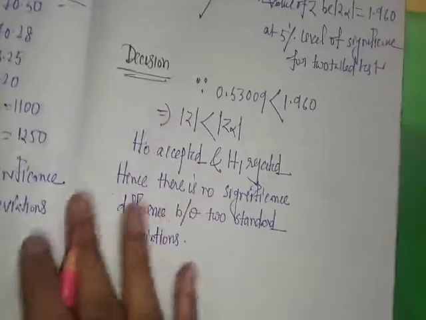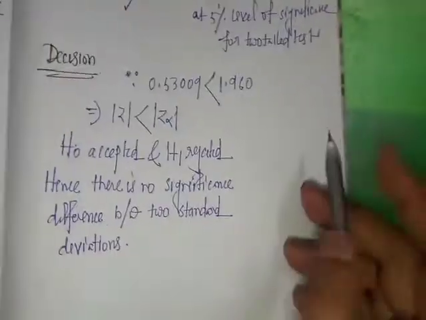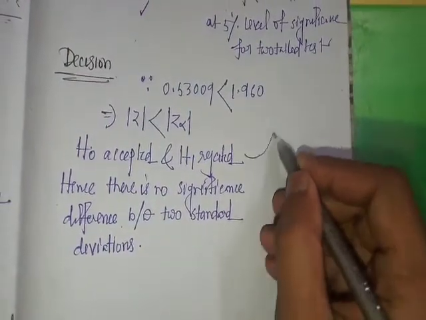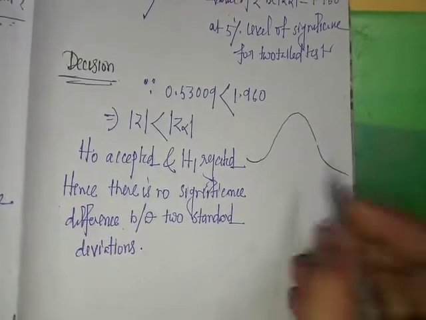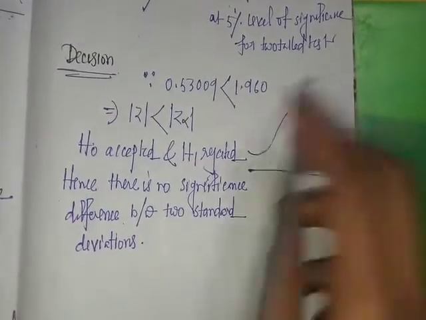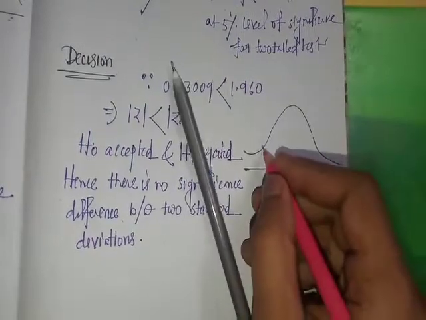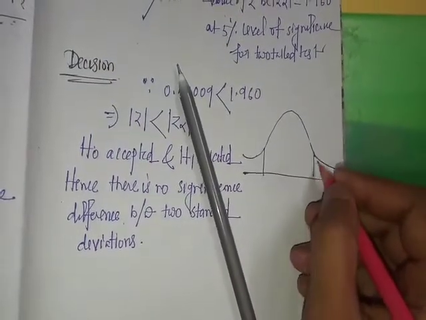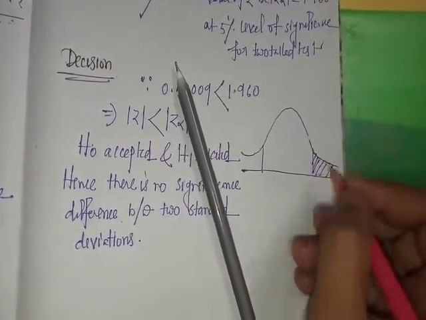Now we will draw this figure. This is a two-tailed test, so error will occur on both sides. Here the level of significance will be 5%.